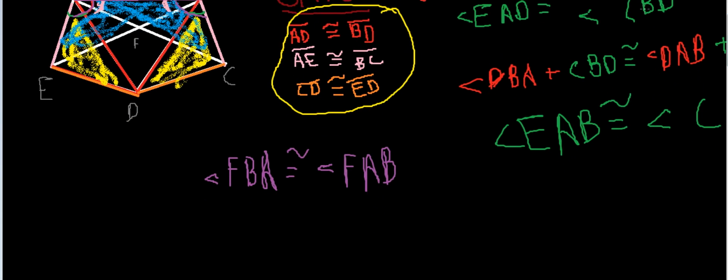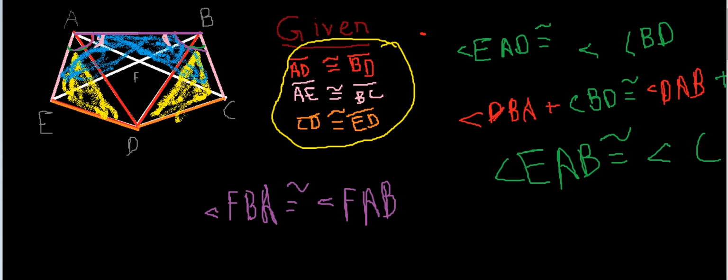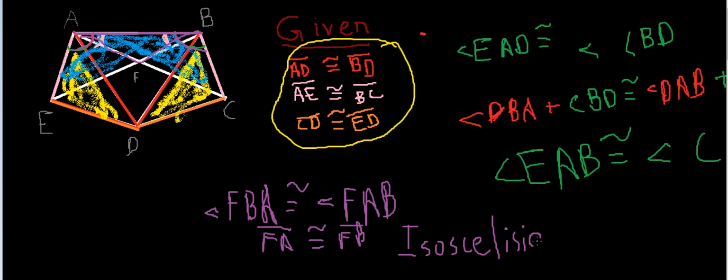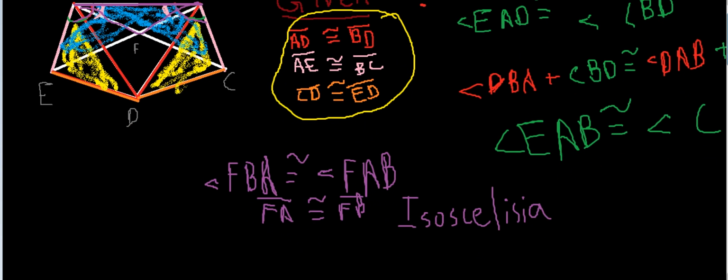And using that, Miss Fenvesh says we can call it isosceles, so that's what I'll call it. Because of isosceles, FA is congruent to FB. So line segment FA is congruent to FB because of isosceles.